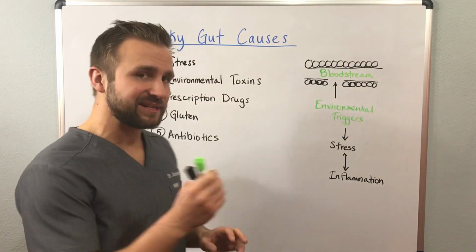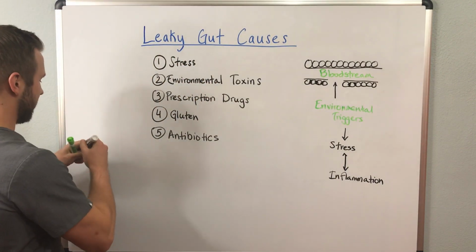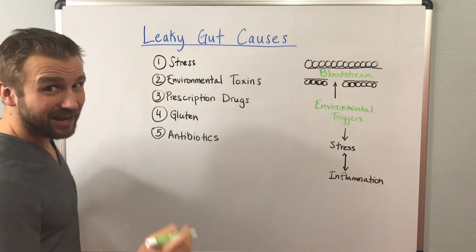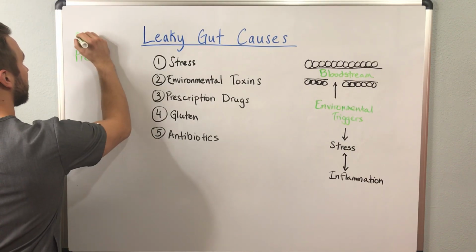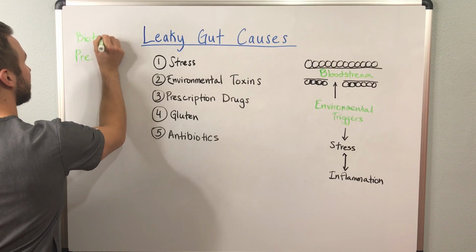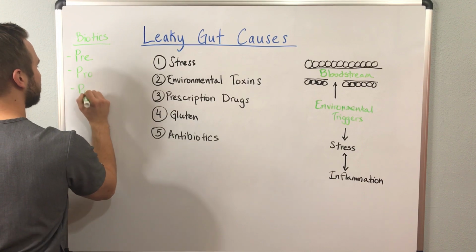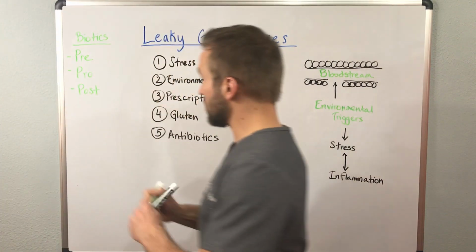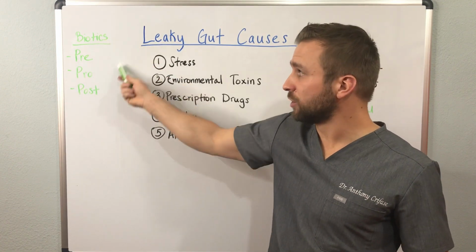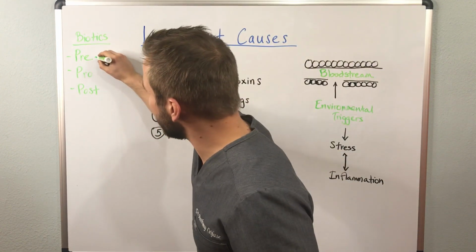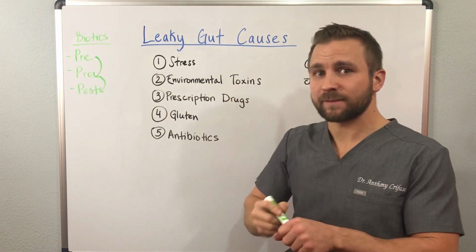And remember, you have three types of biotics. We'll write it right here: prebiotics, probiotics, and postbiotics. Prebiotics are things like undigested fiber. Prebiotics are fuel, food for your probiotics.